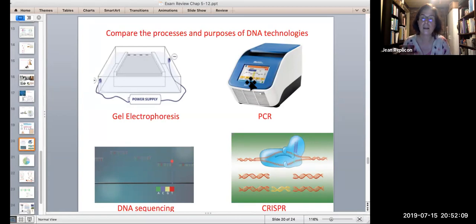Since you increase from 1 to 2 to 4 to 8 to 16, it gets logarithmic, and you can get rapidly large numbers of copies. So basically it's for copying pieces of DNA, which are needed for a lot of these technologies. You need not just one piece of DNA, you need it in multiple copies.